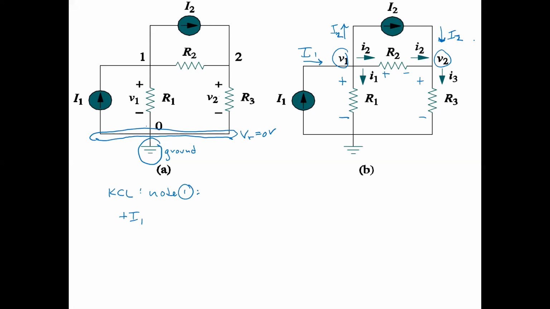Should it be I1 plus I2? Well, remember when we do KCL, KCL says the sum of the currents entering the node has to equal 0. And is I2 entering the V1 node?